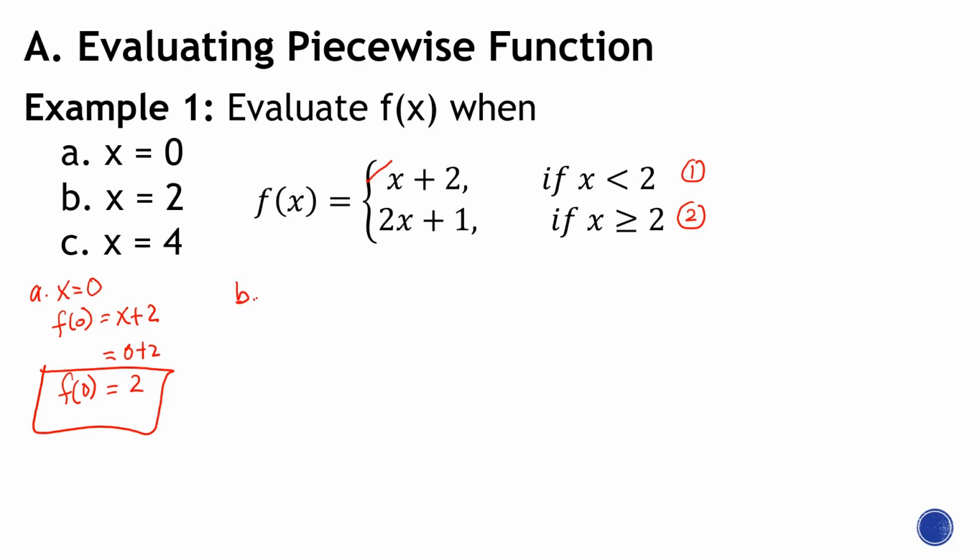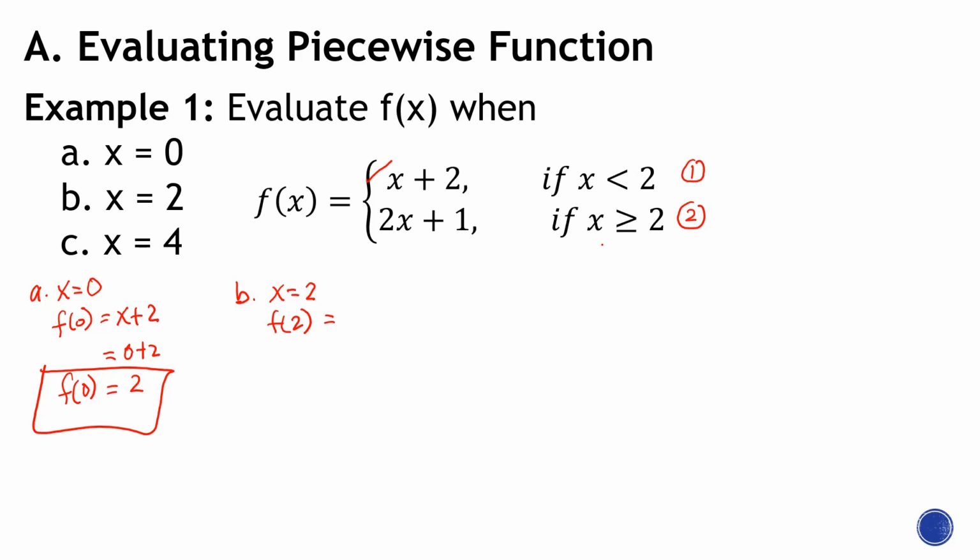Okay, letter B. X equals positive 2. So f of positive 2 equals what? Is positive 2 part of the first or second domain? That's the first question we need to ask ourselves. Is 2 less than positive 2? No, they are equal. How about the second one? Is 2 greater than or equal to positive 2?